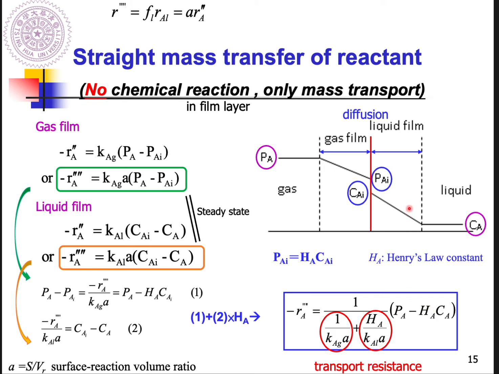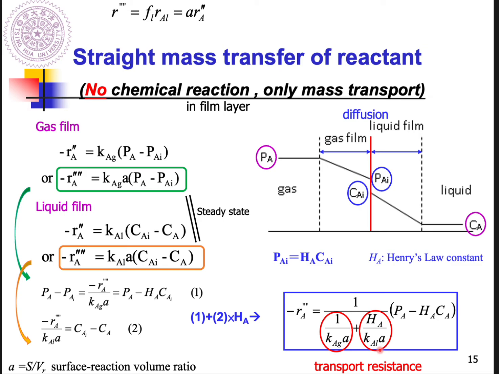But here, as we know, the unit to describe the content in liquid should be a concentration, right? So we put HA here to divide it with this one, so we got the concentration here. So the driving force is the pressure difference, and total resistance is the transport resistance in gas feed and transport resistance in liquid feed, and this is reasonable.